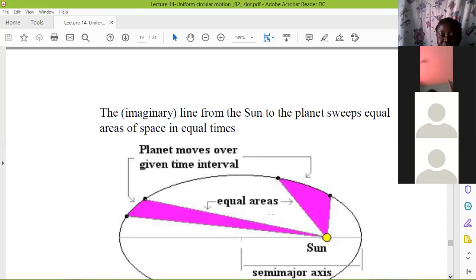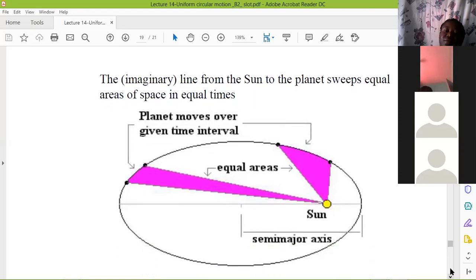So if you draw a line, remember the sun is at one focus of the ellipse. Let's say the planet moves over a time interval between this point and that point. If you join the two lines, it's like what we were doing with circular motion.